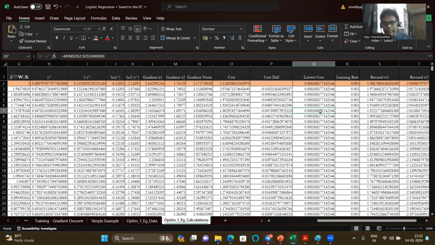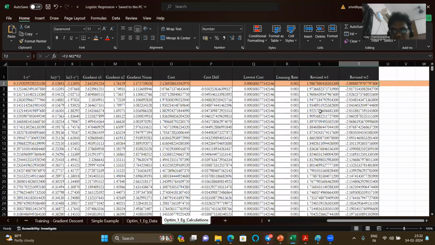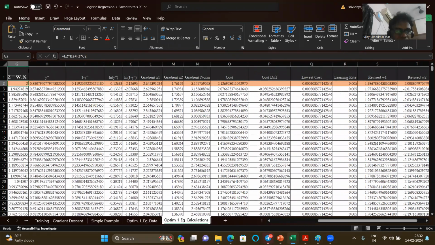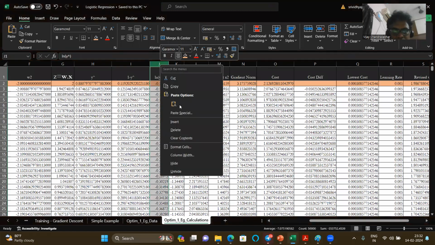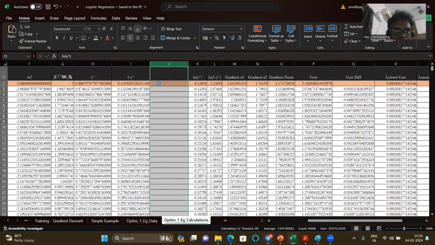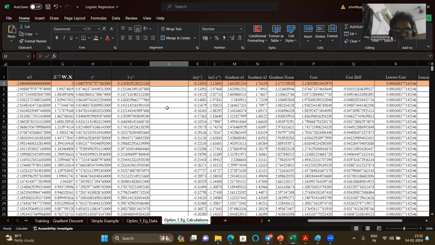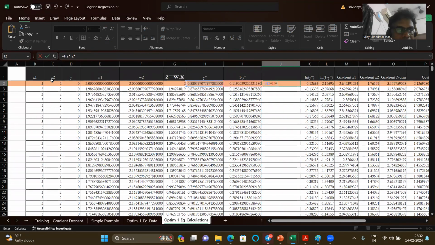So let's do one thing then. Let's calculate. I haven't calculated it here, but let's calculate it. So here is y hat, 1 minus y hat. I'm going to calculate the product of y hat into 1 minus y hat times, let's say, x1 squared.